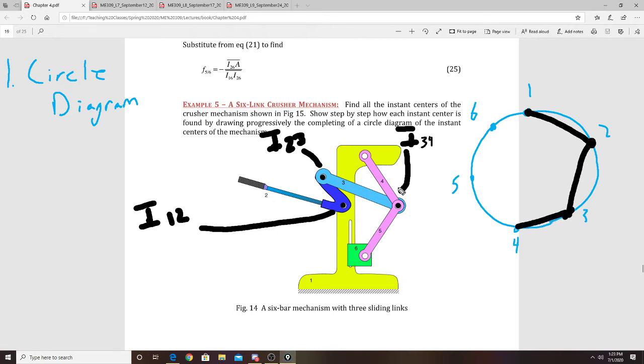What about I45? Also in this spot, right? Because we have link 5 here and link 4 here, and they're connecting on that same revolute point. So this is also I45.